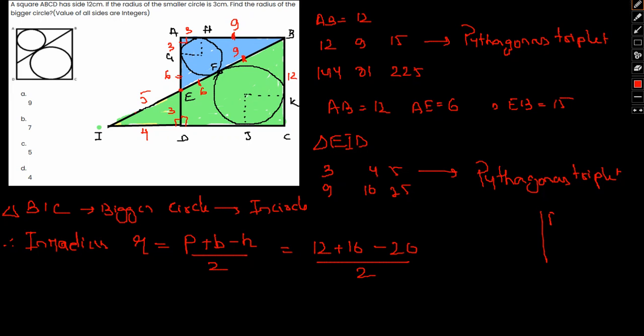Perpendicular is BC, 12, base is IC, 16, and hypotenuse is BI, 20. Okay, we have marked everything in the figure. So that would be simply 28 minus 20, that is 8 by 2 or 4 centimeter, which will be our answer.